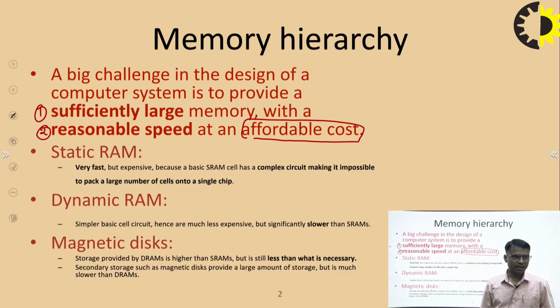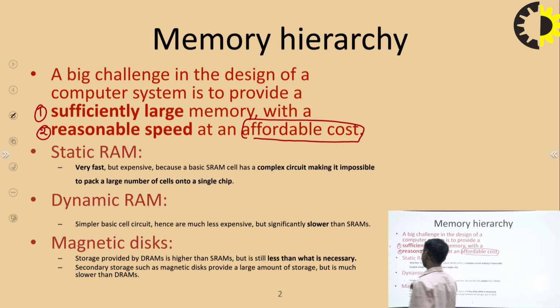If we see the availability of memory in hardware form or in the market, there are three categories of memories that we can see. One is the static memory, another is the dynamic memory, and there is another memory that is called magnetic disk.